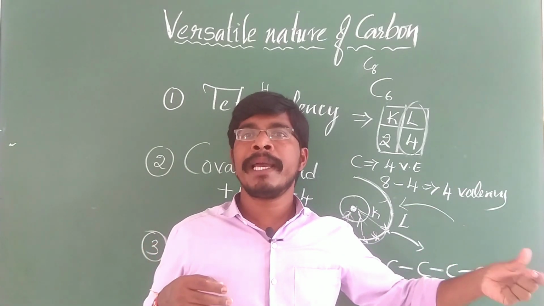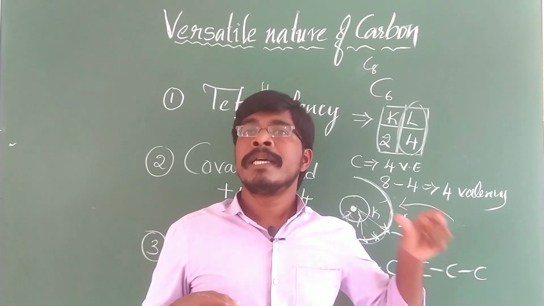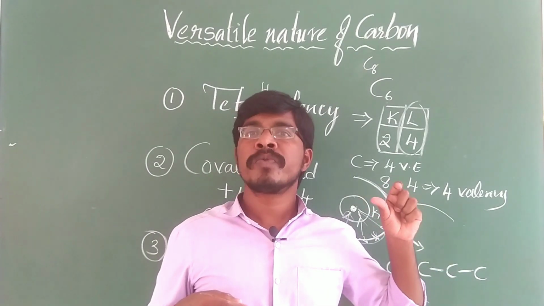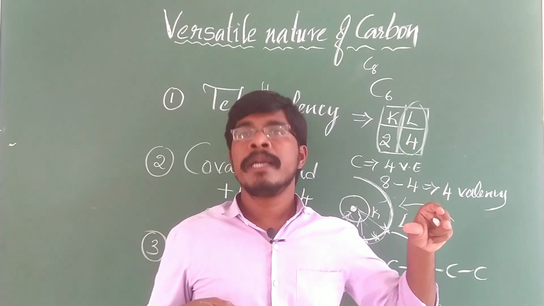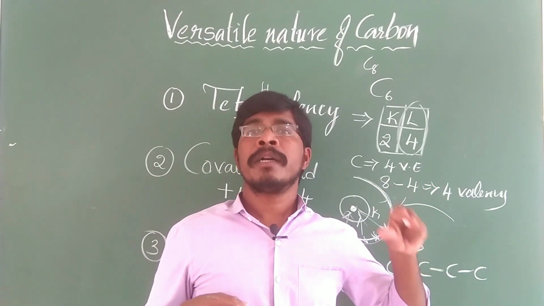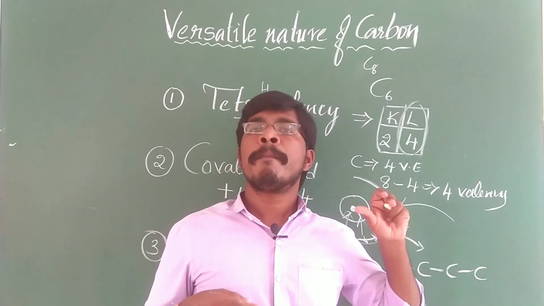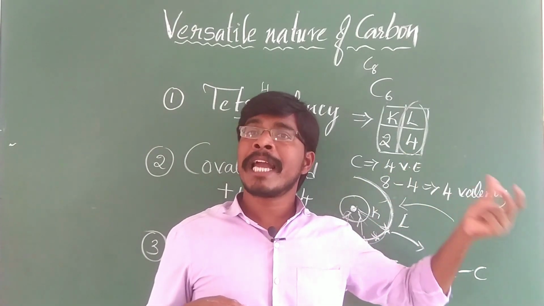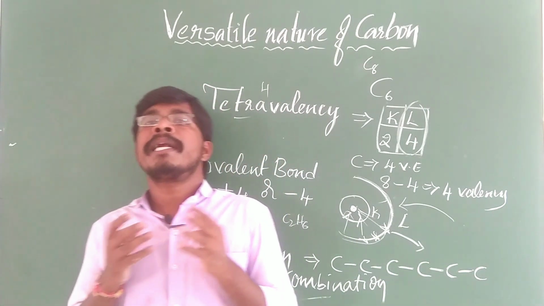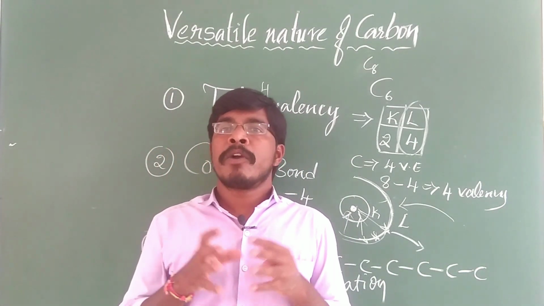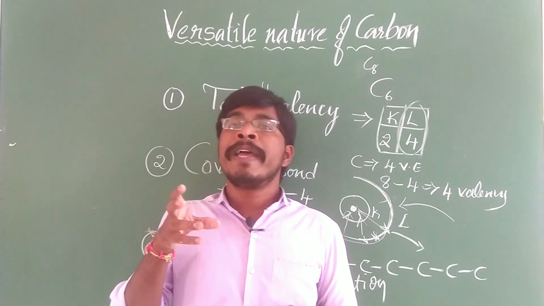If you want to prepare any other carbon compounds, meaning compounds formed using carbon atoms, this carbon chain or self-linking is the backbone. So how does it act? Whenever carbon and carbon combine together, they share electrons.